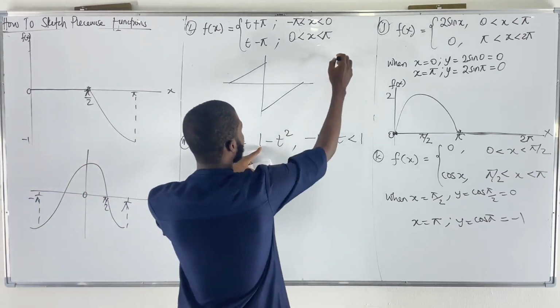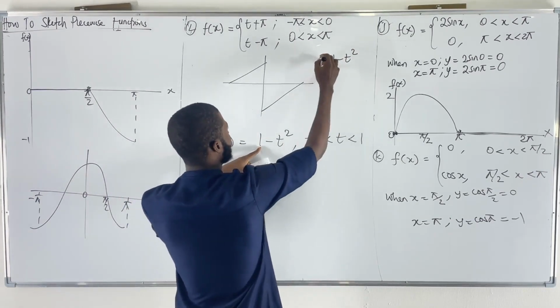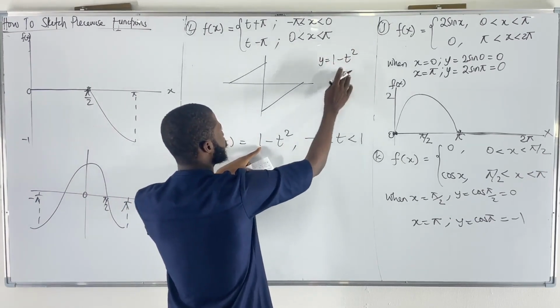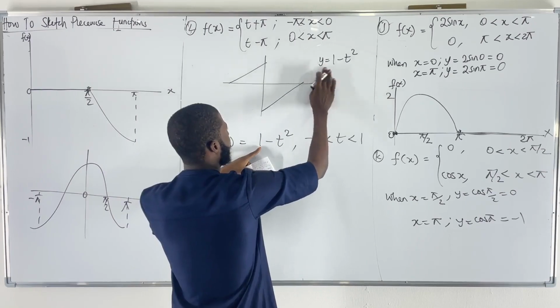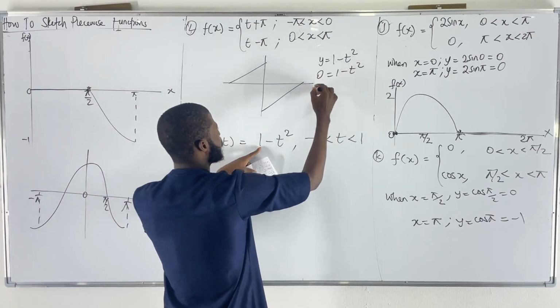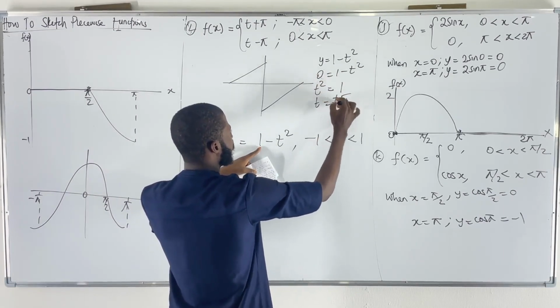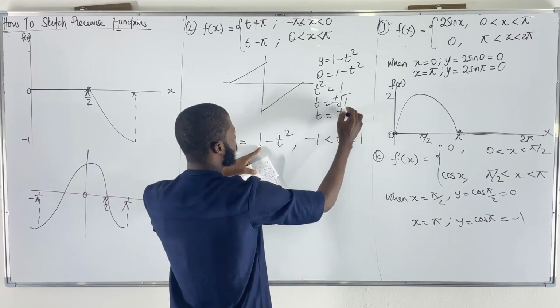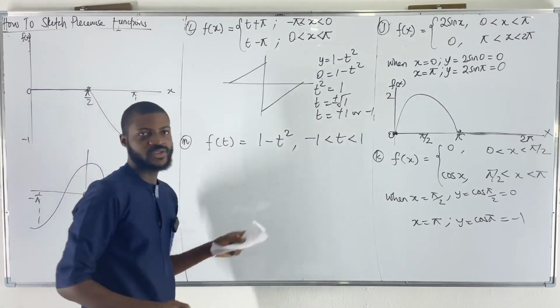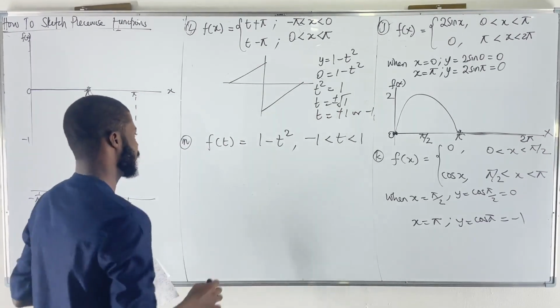This is y equal to 1 minus t squared, so this becomes 0 equal 1 minus t squared. Take the t squared to this side, so t squared equals 1. T is the square root of 1 with a plus or a minus, so t is plus 1 or minus 1. That's why I said that's the answer.